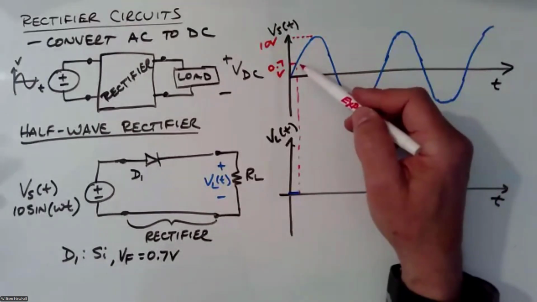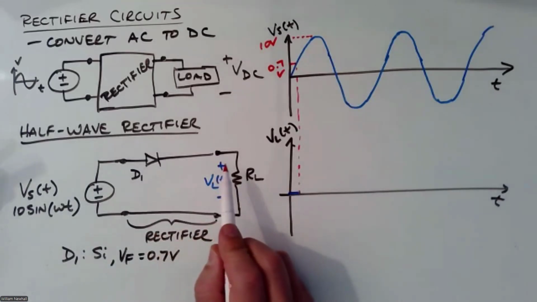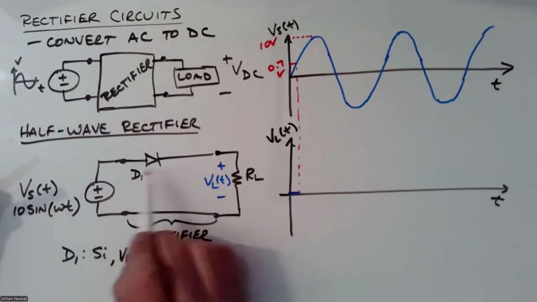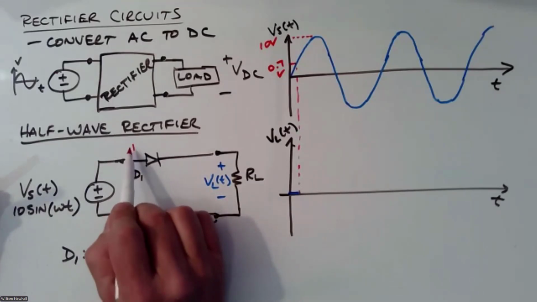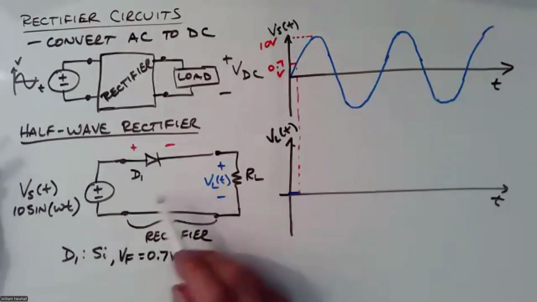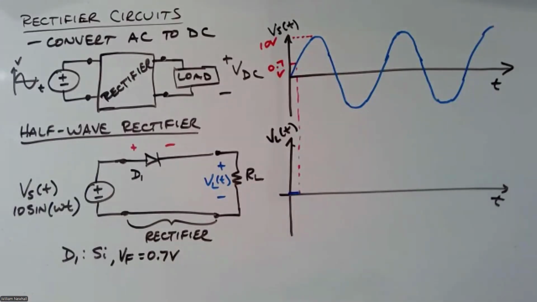And as soon as the source voltage exceeds 0.7, you get some current flowing. And while current is flowing, the diode voltage VD is going to be 0.7 volts according to our approximation. So the remaining voltage is going to be across the resistor.